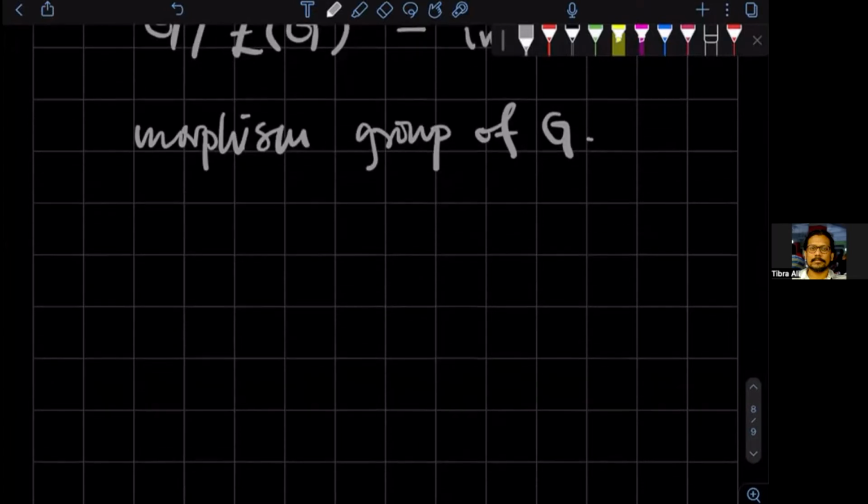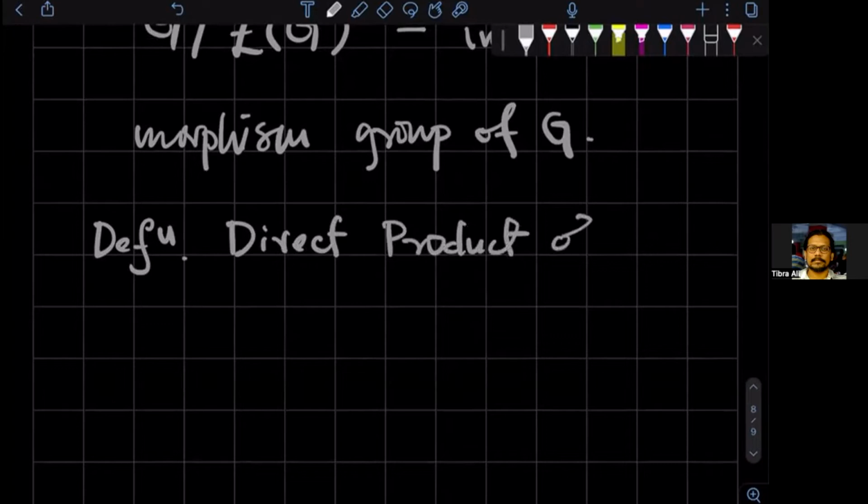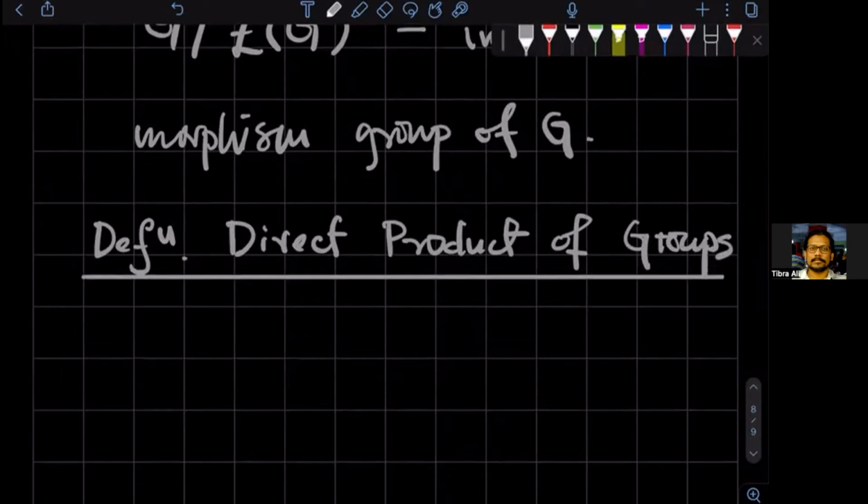All right, so in that case, let's define the direct product of groups. So this is a definition. This is a very useful idea, the direct product of groups, because often we actually deal with multiple groups, the action of multiple groups on a mathematical or physical system.